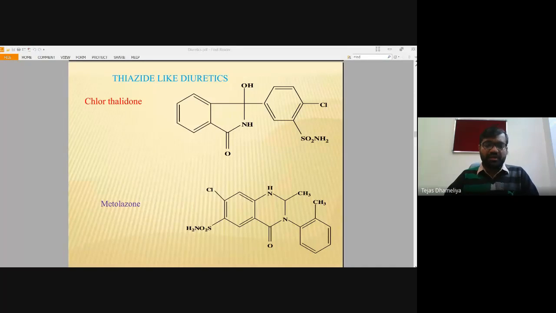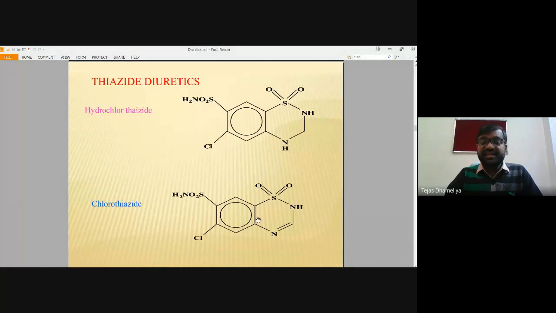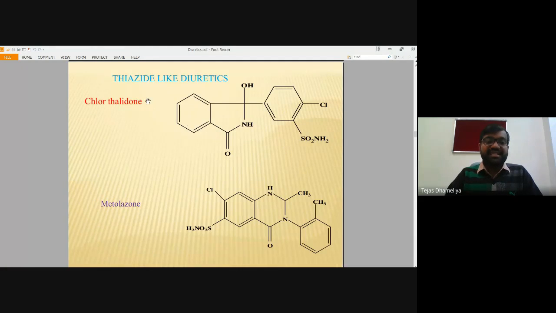Diuretic. So let me clarify this thing, that there is a difference. From the structural point of view, thiazide diuretics are 6,6 bicyclic compounds, and they have this cyclic sulfonamide in their structure. That is basically thiazide. But thiazide-like diuretics are the ones where sulfonamide is present, but in fact their mode of action is the same.